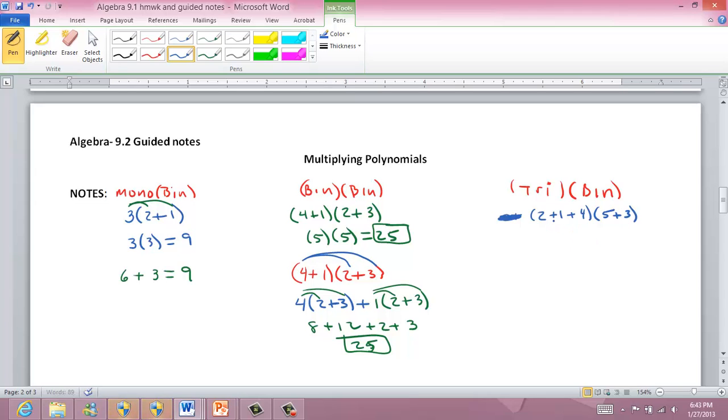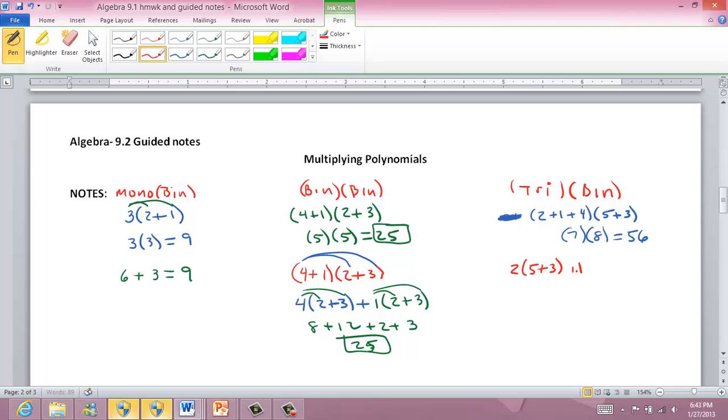Normally, we would do 2 plus 1 is 3, plus 4 is 7, and 7 times 8 would give you 56. Now if we take each term in that first polynomial, which has 3 terms, and distribute it to all the terms in the second quantity, we would have 2 times (5 plus 3).